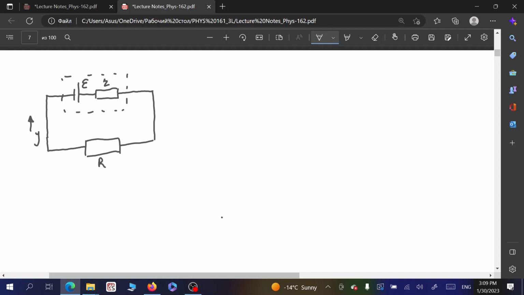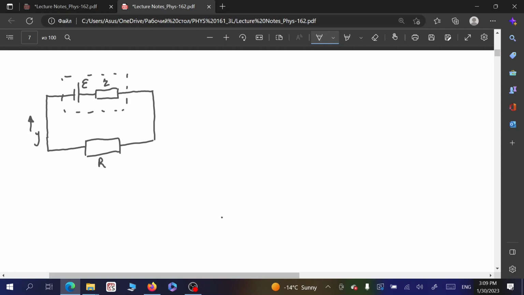However, when we have a battery connected to an electric circuit, we don't get at the terminals of the battery this internal potential difference, which is called EMF.